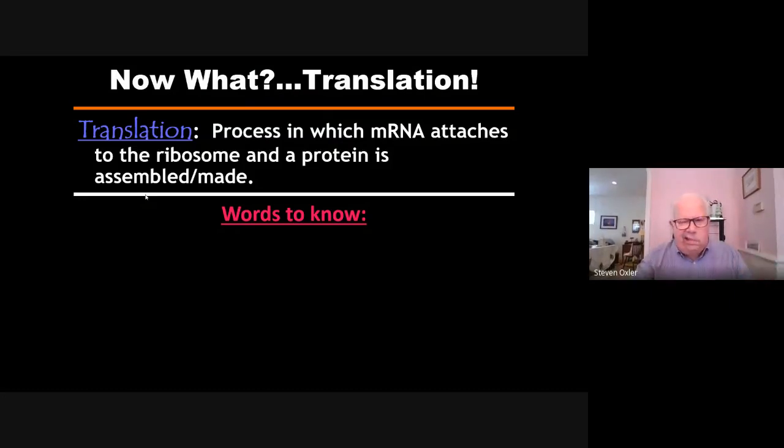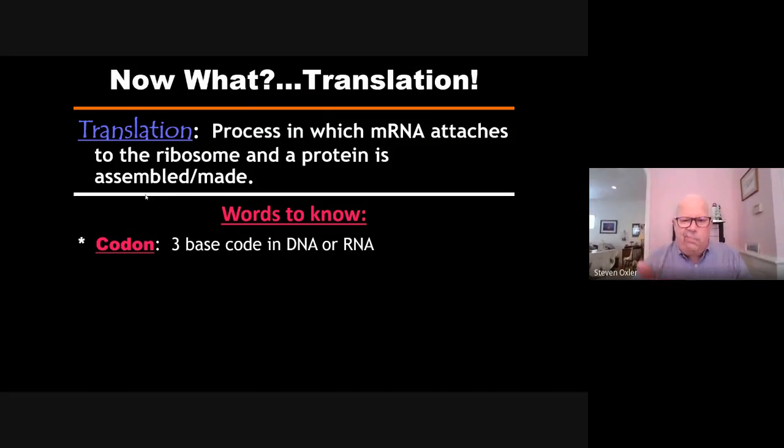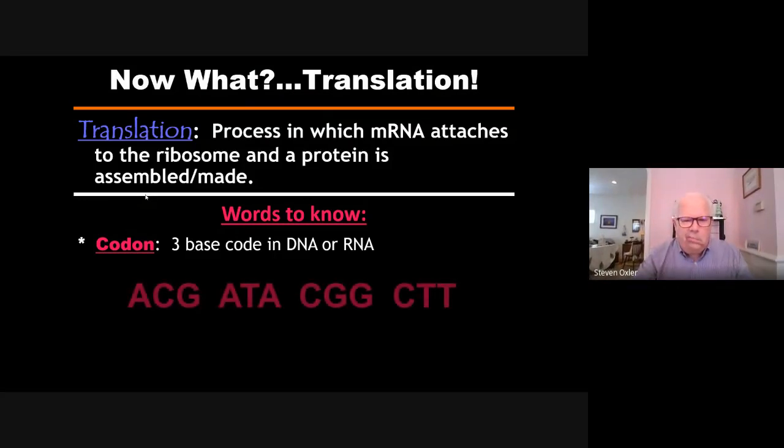You're now translating the genetic code. A codon is the 3-base code in DNA and RNA that we went through. We went through all of those 3-base codes. That's called a codon.